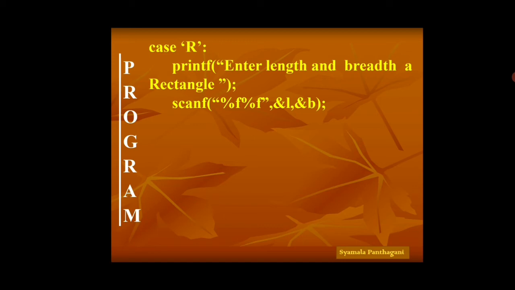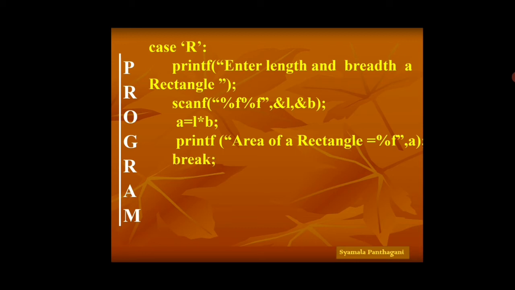Now I am going to calculate the area of rectangle, that is a is equal to l into b. Now I am printing the area of rectangle, that is area of rectangle is equal to %f, a. Again break.